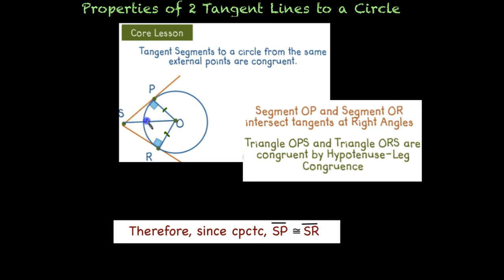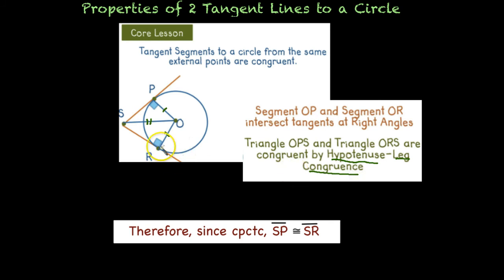Well, this line in the middle is the same line for both triangles. The reflexive property says that segment SO is congruent to segment SO. So if we look at our triangles SPO and SRO, we know these are congruent by the hypotenuse leg congruency shortcut.